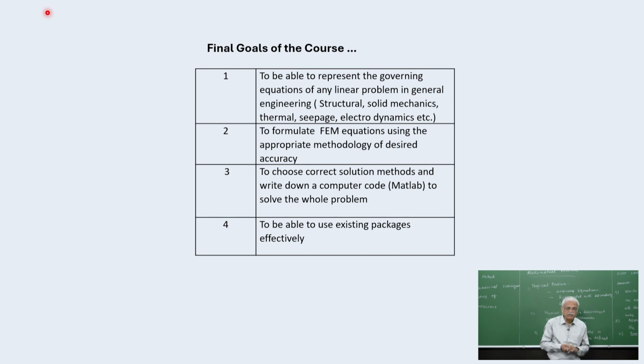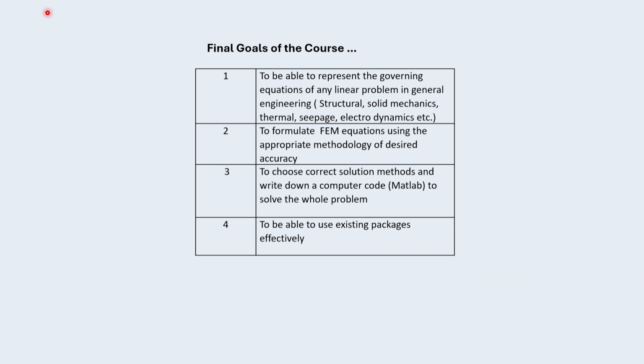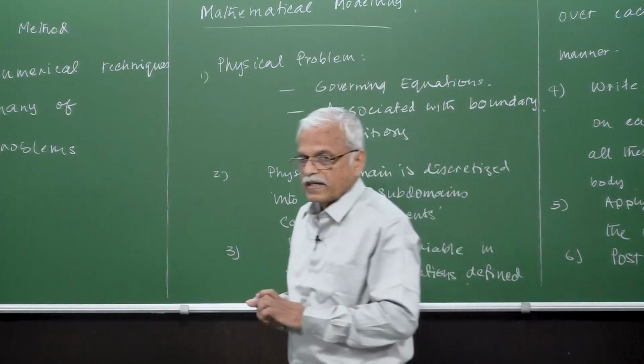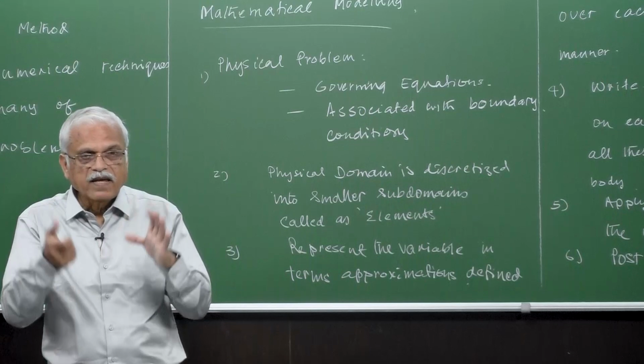So there are different methods for how, from given governing equations, we arrive at the finite element equations for each element, and then after that we will assemble them to get the global set of equations. And in that process, you will also choose the approximations for each variable, and what kind of approximations will give you what kind of error, and then how to reduce that error is the whole aim of this course.